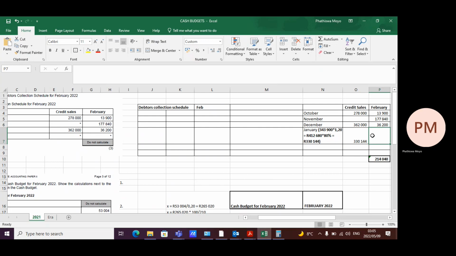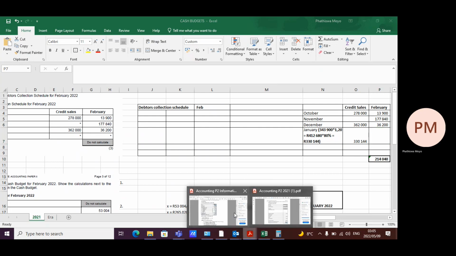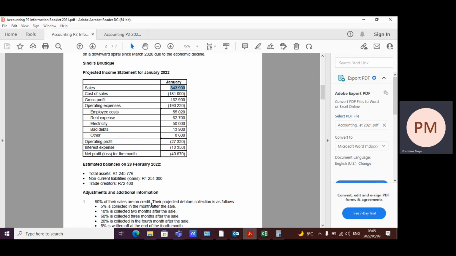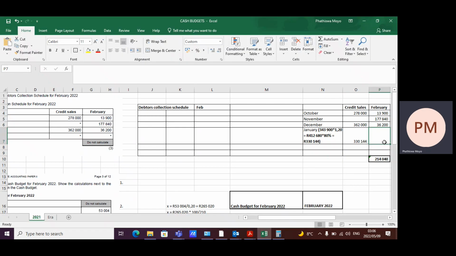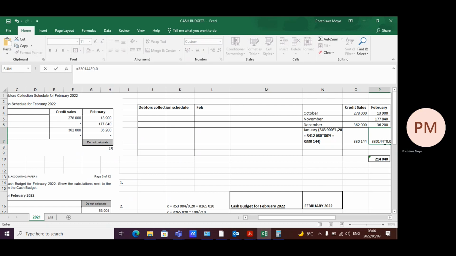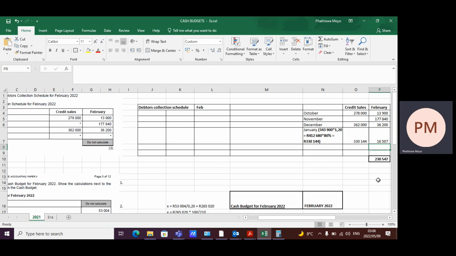Okay. Now they're saying 5% is collected in the month after the sale. So 33144 times 0.05 is 16,507. 5% collected after the month of sale.